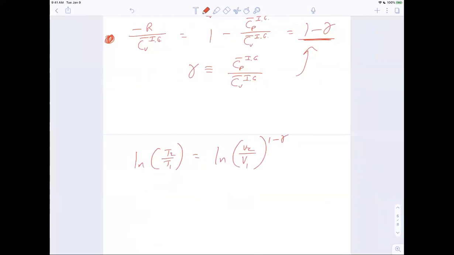Everyone okay with that? It turns out that gamma is greater than 1 because CP is greater than CV. And this is in general: CP is greater than CV, so gamma is greater than 1.